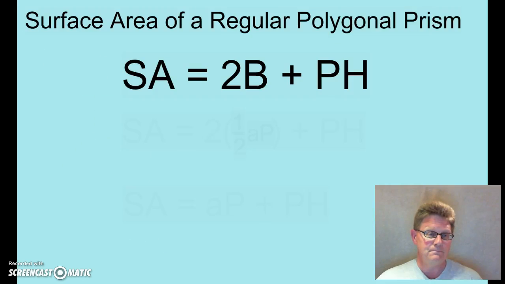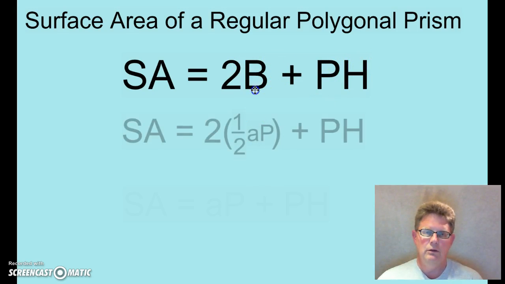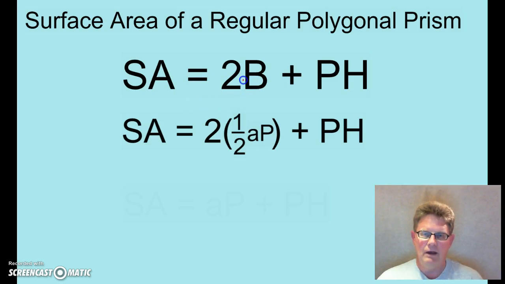Alright. How about the surface area of a regular polygon? And I know you guys love those. Well, its area equals 2 times the area of the base plus the perimeter times height. Well, remember that for a regular polygon, the area of that regular polygon was 1/2 apothem times perimeter.